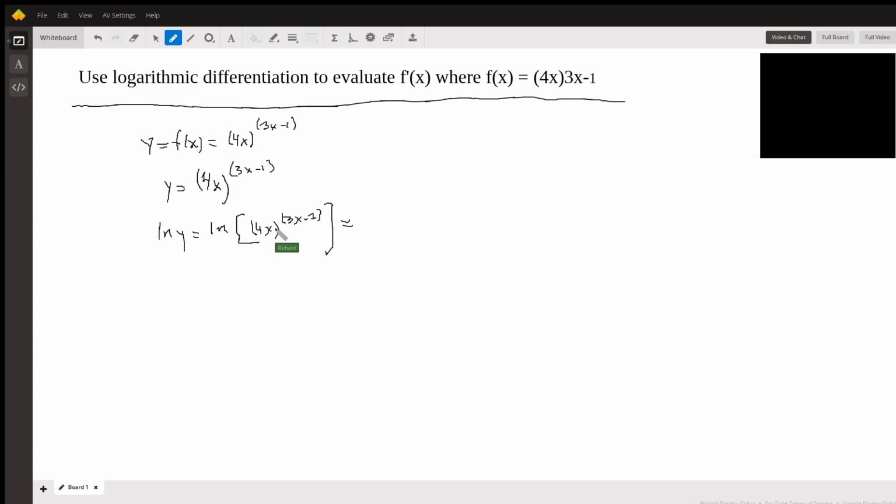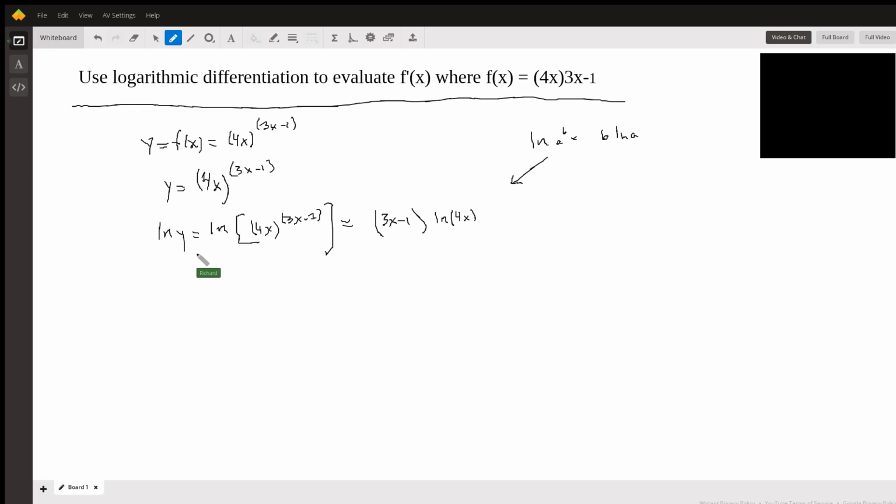But the log, we're using the log of a to the b is just equal to b times the log of a. This is one of the properties of logarithms. This goes back to algebra 2. So I can write this is equal to 3x minus 1 times the log of 4x. And that's just coming from that property.